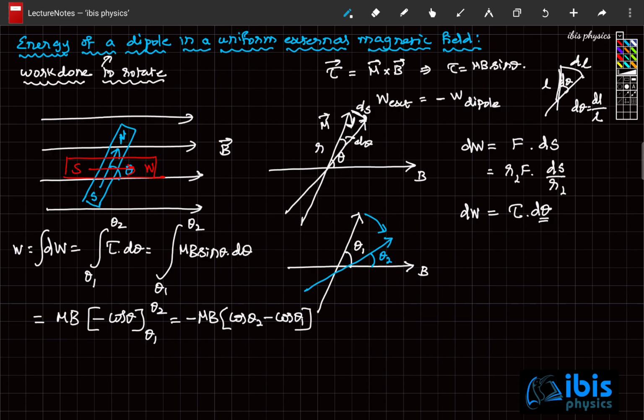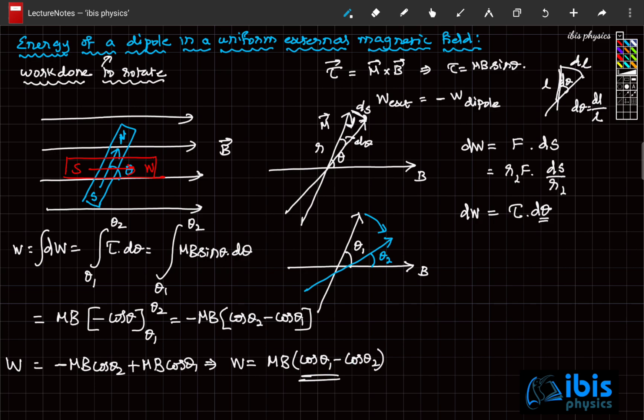Let me do one step at a time. When I multiply this, it is minus mB cos theta 2 plus mB cos theta 1, which means that the total work done is mB into cos theta 1 minus cos theta 2. This is the work done.